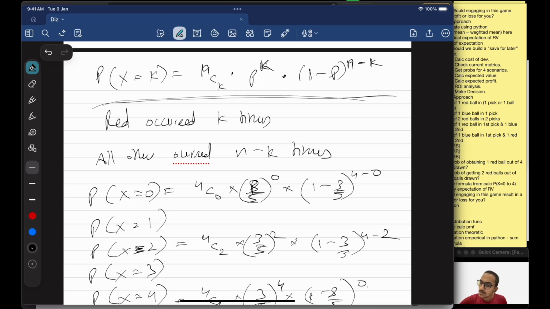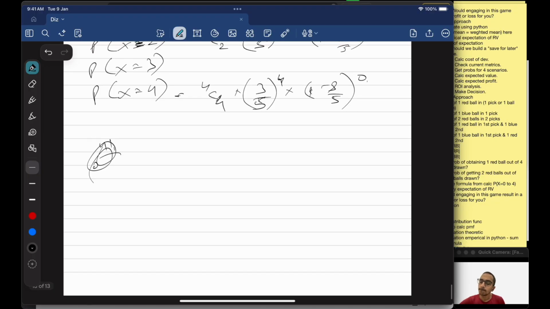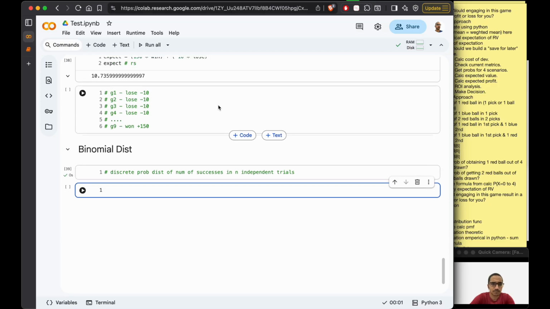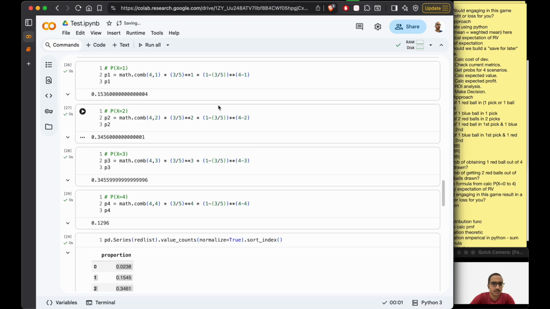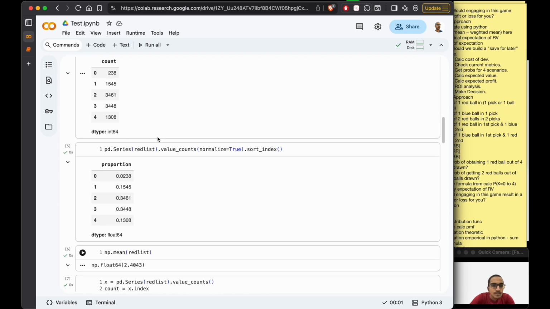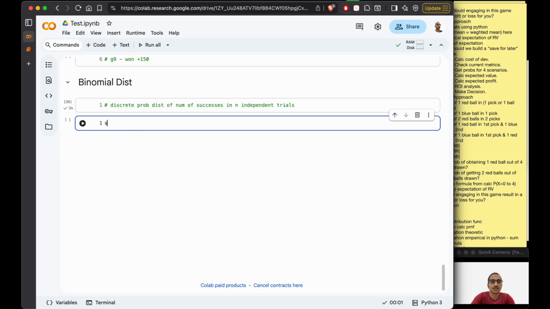So let's see. We can just plot the graph once just to visualize it. Where are the red balls? So we can take this red list and we can use sns dot bar plot.